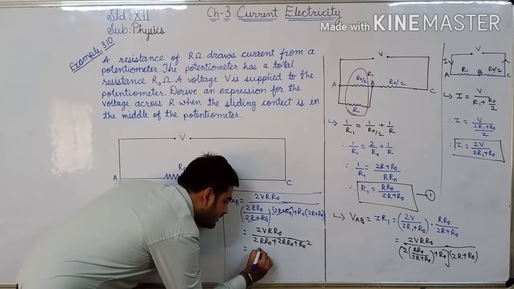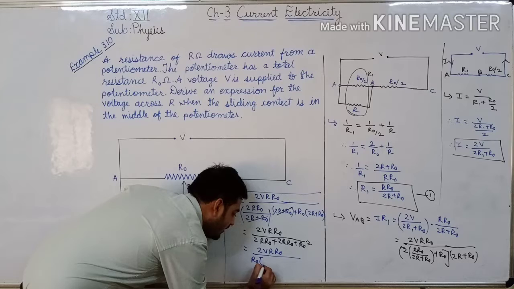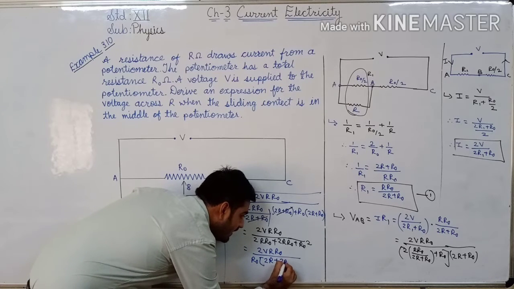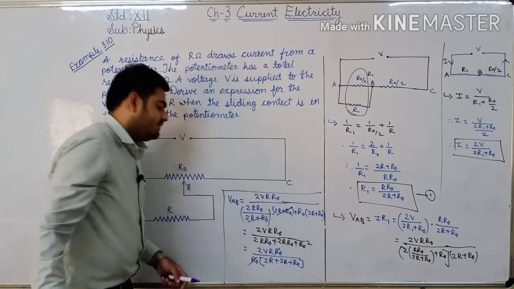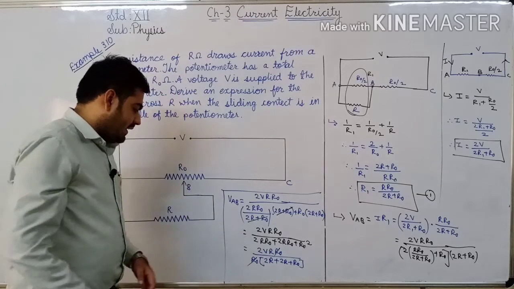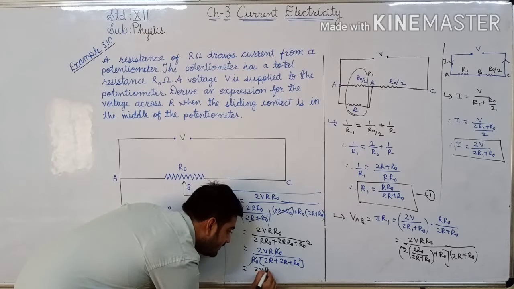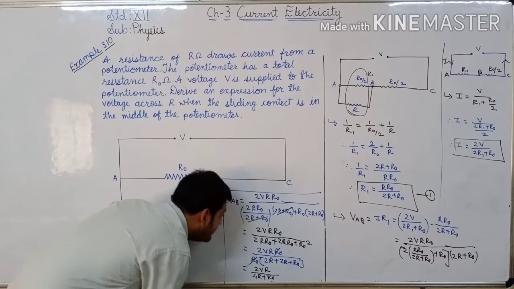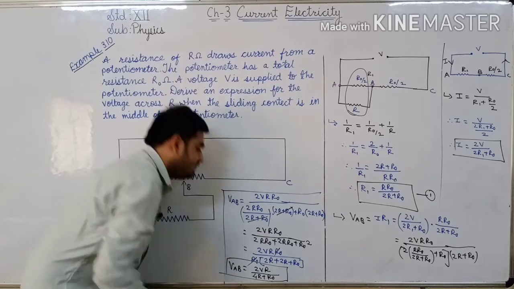Therefore, this can be written as 2VRR0 upon R0 into 2R plus 2R plus R0. R0 will get cancelled. 2R plus 2R, 4R. So this can be written as 2VR upon 4R plus R0. This is the potential drop across AB.